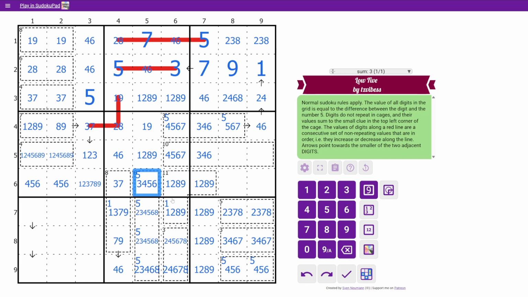There would have to be. If it was a 1 with a 2... This would be a 3. This would be a 3.